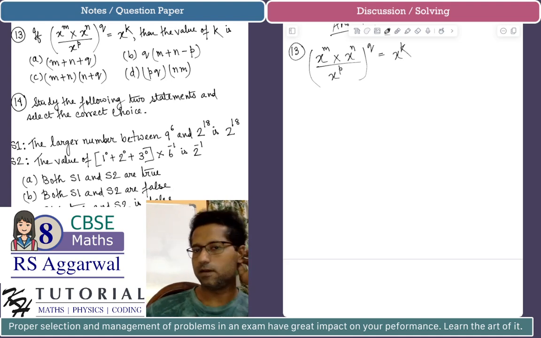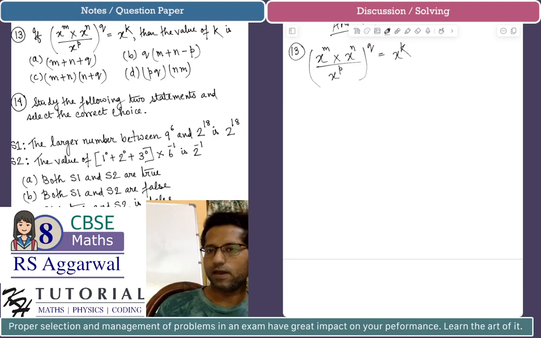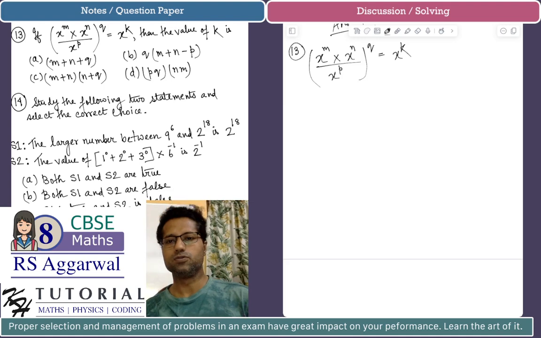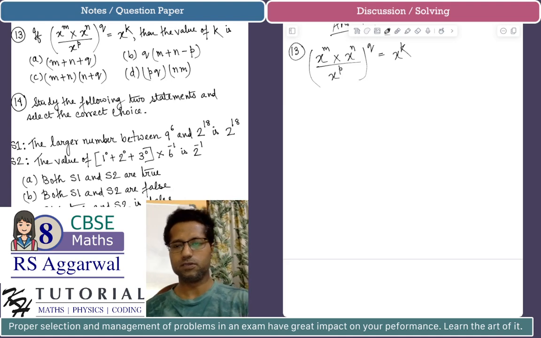Certainly we can see that on both sides we have some exponential terms where all the terms are having base x. So definitely to find k, which is the power on the right hand side, we have to convert the left hand side as a single exponential term with the base x.